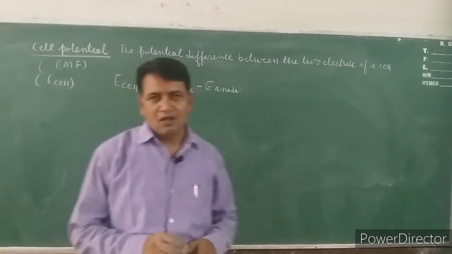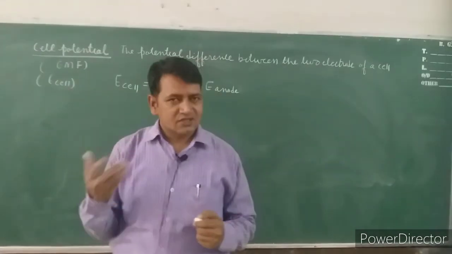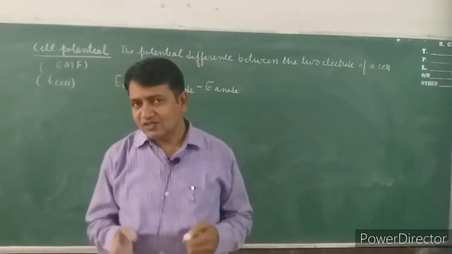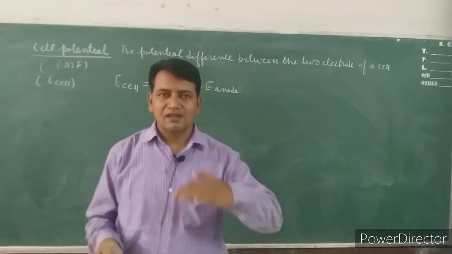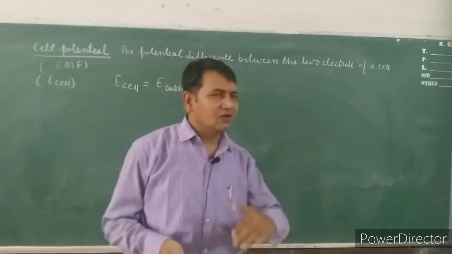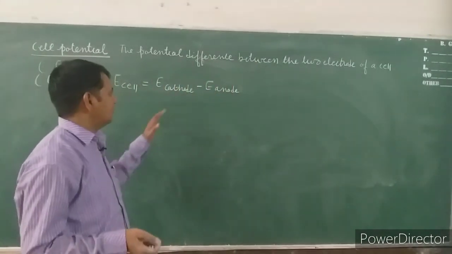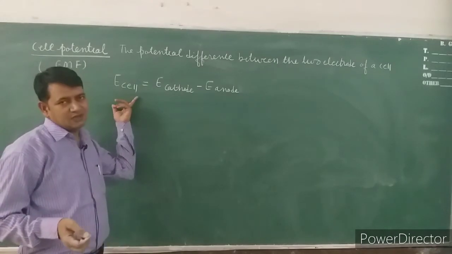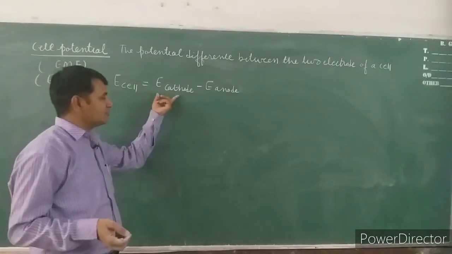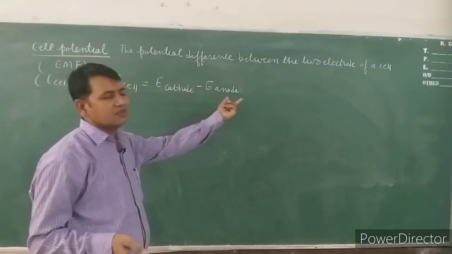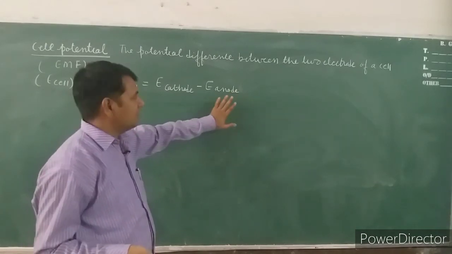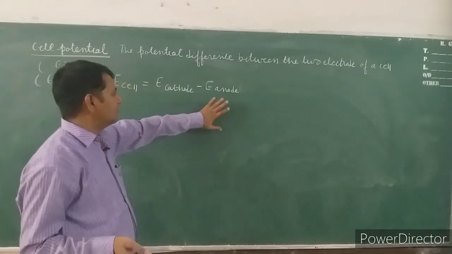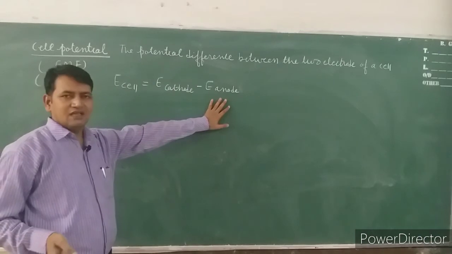Now we can use oxidation potential as well as reduction potential, but in this chapter we will only use reduction potential for the calculation of cell potential. So we apply this formula E cathode minus E anode when we are using reduction potential value for cathode as well as anode.